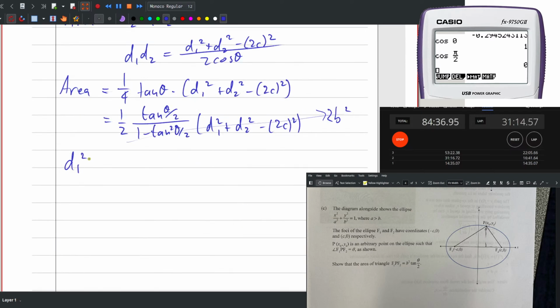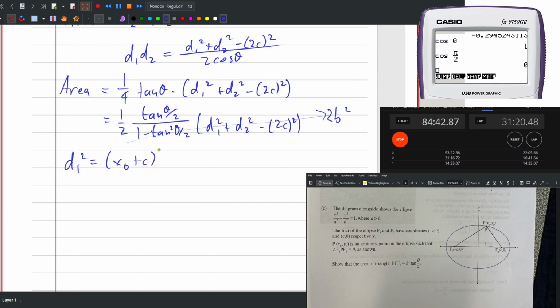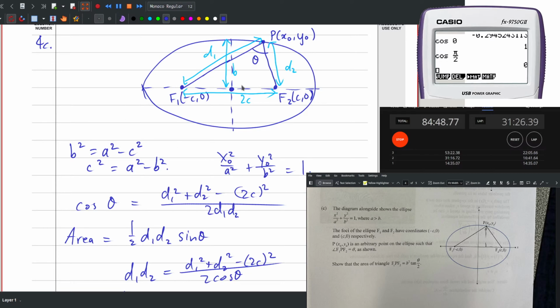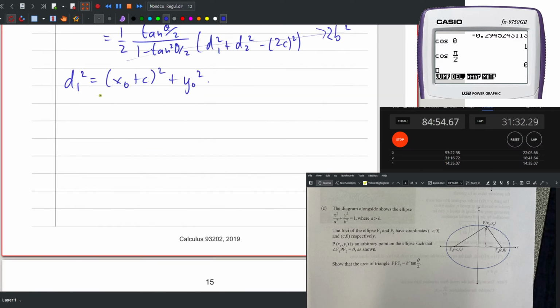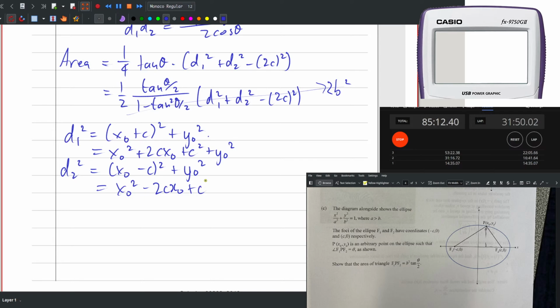Okay, so d1 squared is equal to x naught plus c squared plus y naught squared, right? So okay, these two cancel.